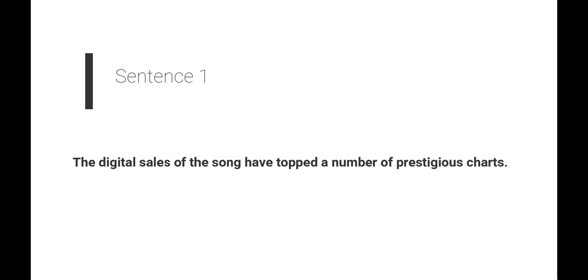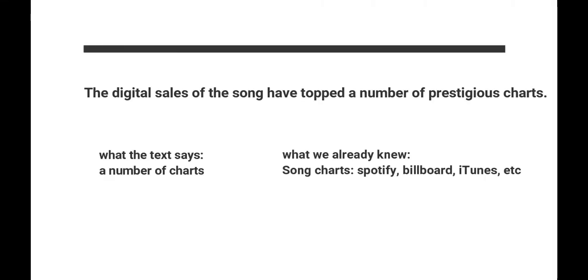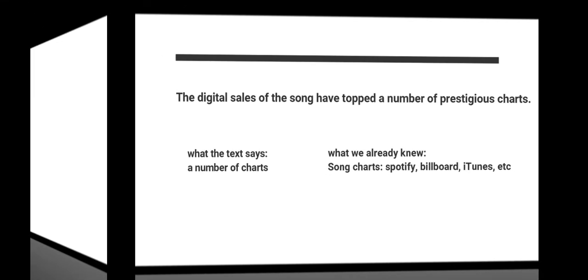From our existing knowledge, we know that there are different charts that are commonly used to list song sales. By mentioning a number of prestigious charts, we can predict that the succeeding sentences will probably mention the position of the song in several charts, such as Spotify, Billboard, and iTunes.